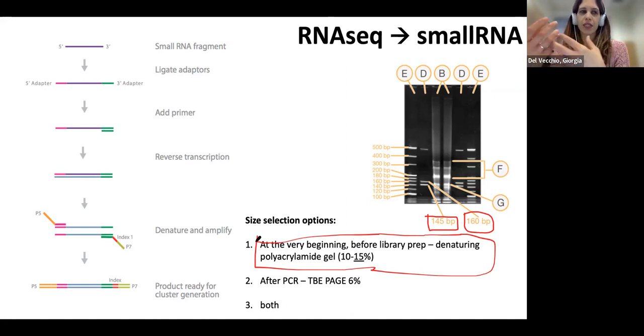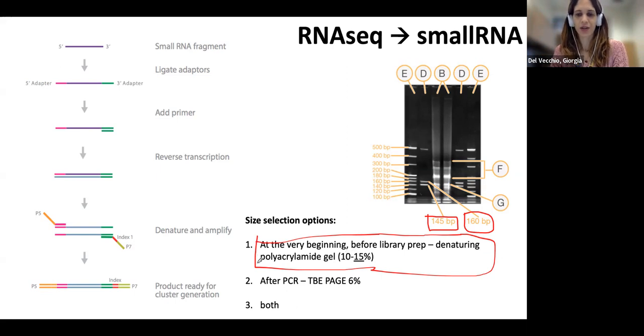Otherwise, we can proceed using the total RNA, but anyway, we will have to make this gel size selection at the end. So usually the best approach to size select the small RNA library is to run a gel. It's the most efficient way. Not an agarose gel.